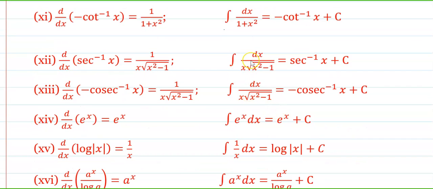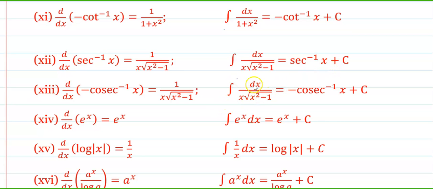Next, suppose that I want to find out the integral of 1 upon x under root of x square minus 1. Okay, then again I will ask the question, which is the function whose derivative is 1 upon x into under root of x square minus 1, and that function is nothing but sec inverse of x, and hence the integral of dx upon x under root of x square minus 1 is nothing but the sec inverse of x.